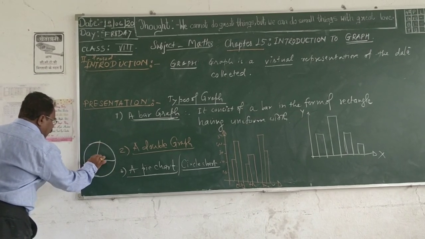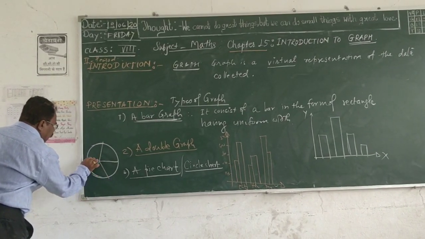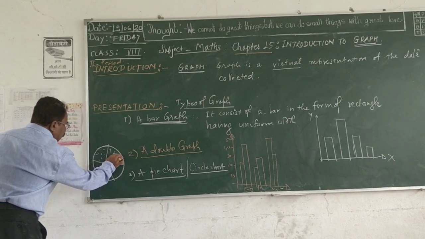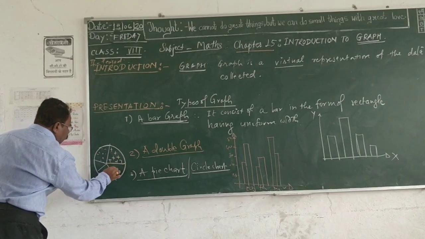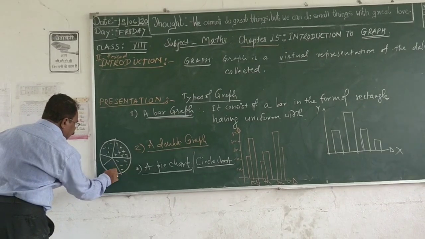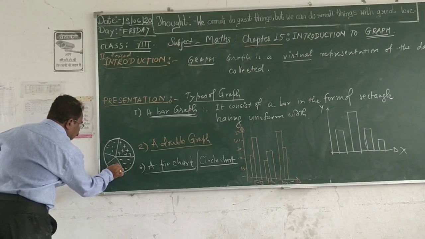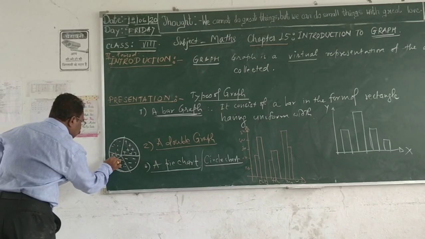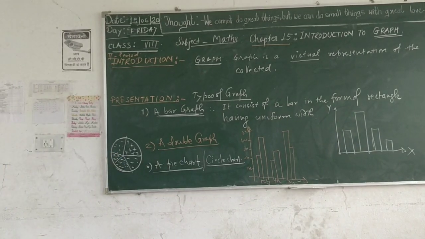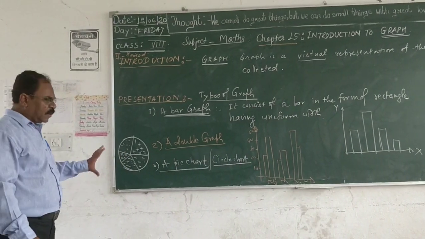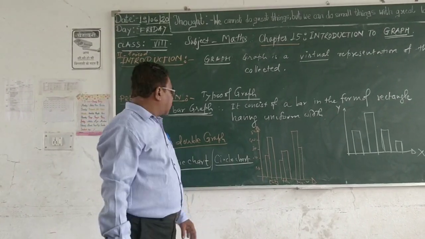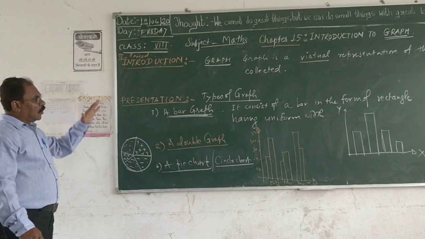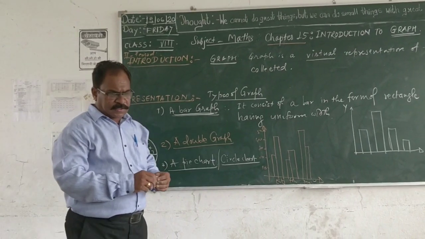And we take different sectors, and we can form the pie chart like this. So this is the pie chart which depicts data in the form of a circle. These are the different types of graphs we have already learned in the lower classes.